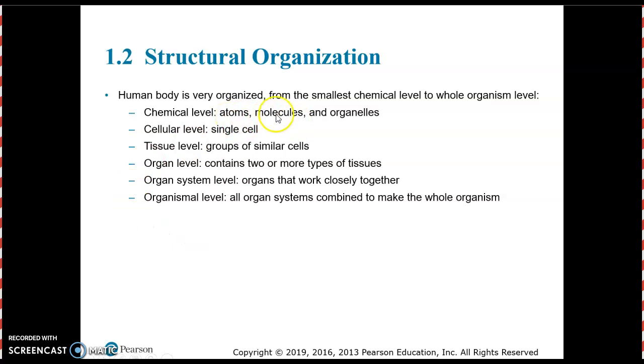And molecules are going to be composed of different atoms. So we're going from atom to molecule, and then to organelles, which are the small parts of the cell, like the mitochondria and the nucleus. And then you have individual cells, you have tissues, you have organs, and then you have organ systems, and then finally you have your organism.